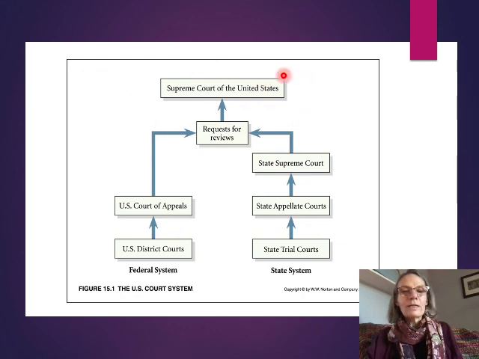However, right here at the very top of the court system in the United States is the Supreme Court of the United States, and that's a reflection of federal supremacy. If there is a question that deals with the federal Constitution, for example, in the civil liberties section, we learned about the right to privacy, right?